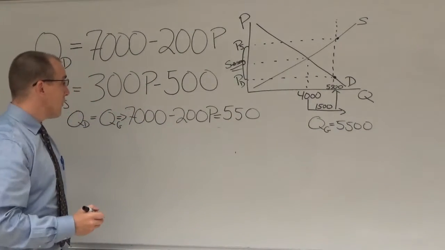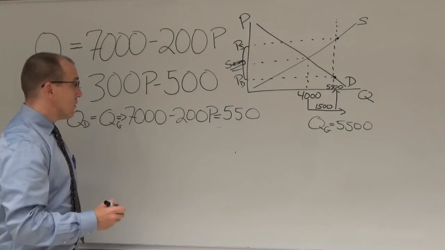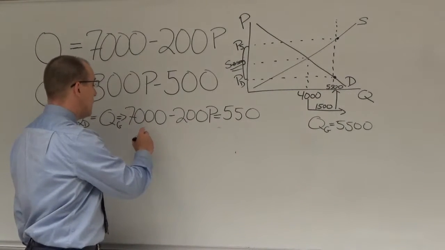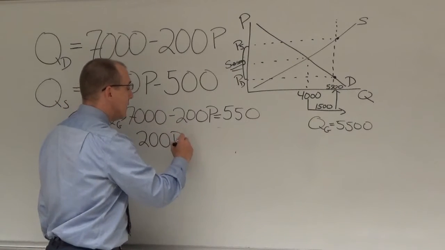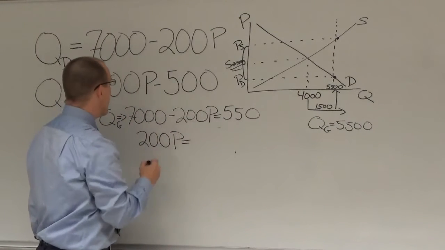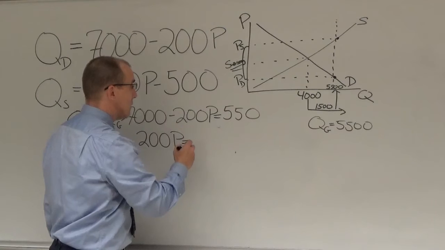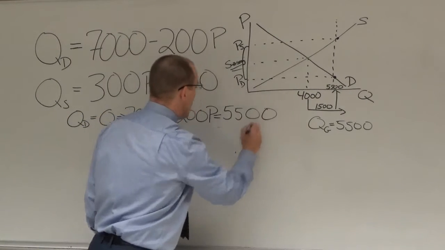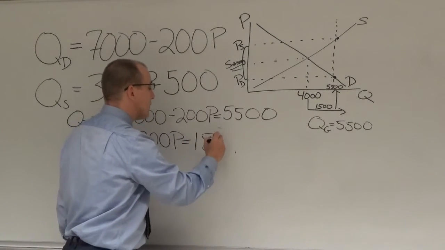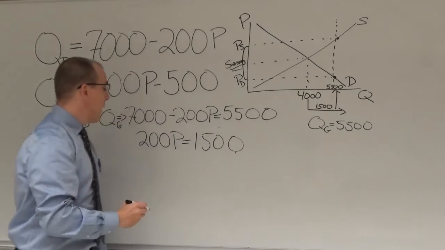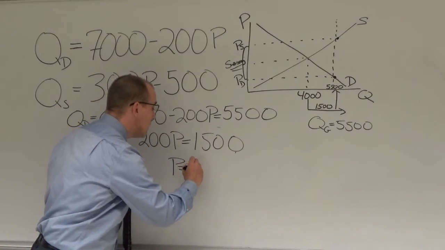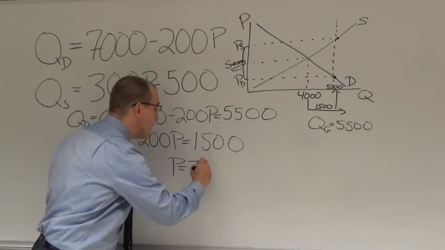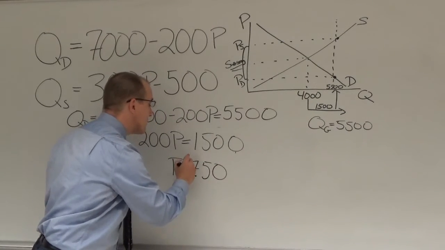We will then readjust this, so we will have 200p equals, we'll bring our 7,000 over, so we will have 1,500, and that will give us a price of $7.50.